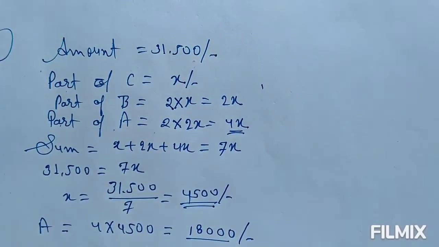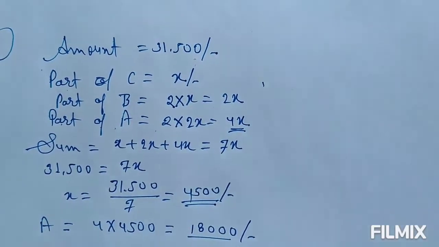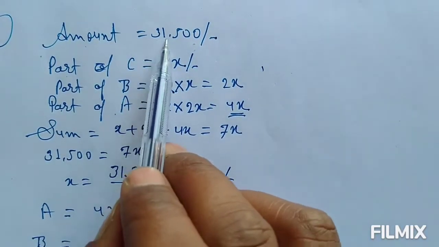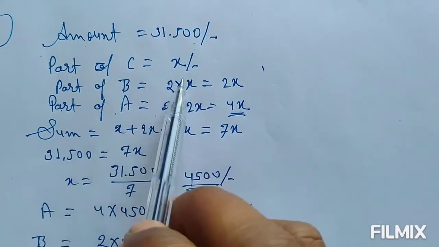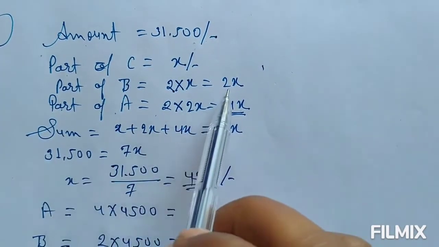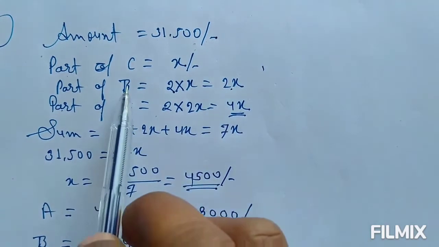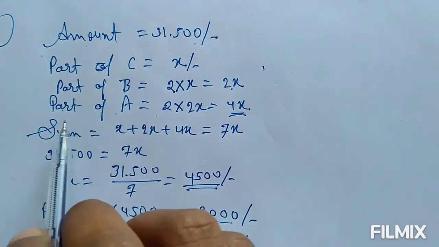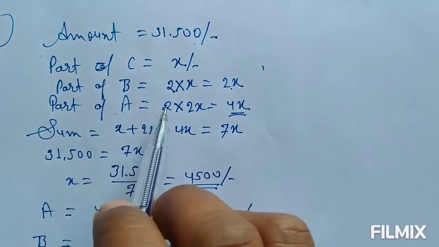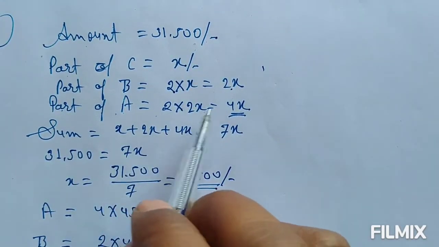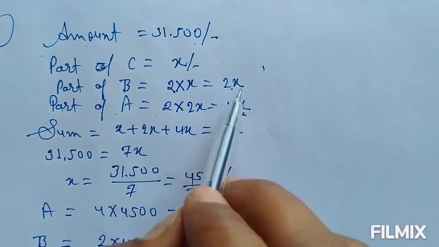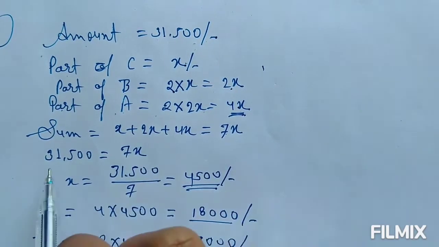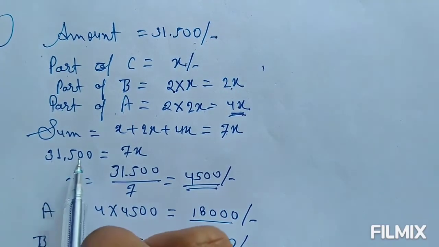In this question simply we have to solve. Complete amount is 31,500. Part of C is x, so part of B will be just double of C. Part of A just double of B means 2 times of B. B is 2x, so 4x. These are the parts of A, B, C. Now total value is 7x and total value is already given 31,500.